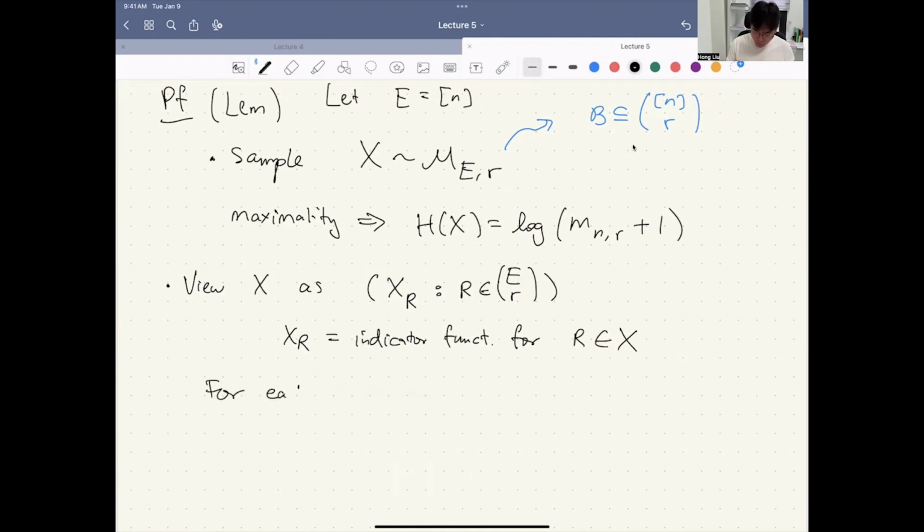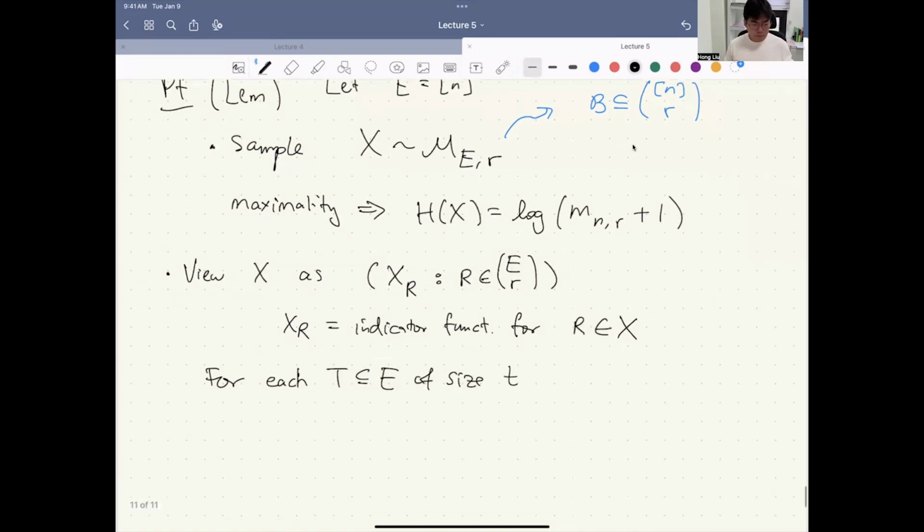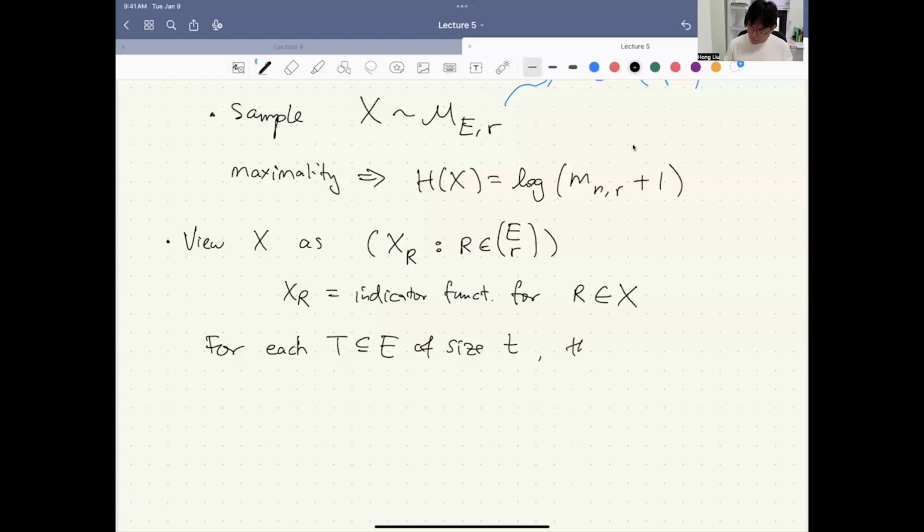For each T of size t, the contraction, X with T contracted, takes values in here, as we mentioned, E with T removed, and the rank dropped by t, right?